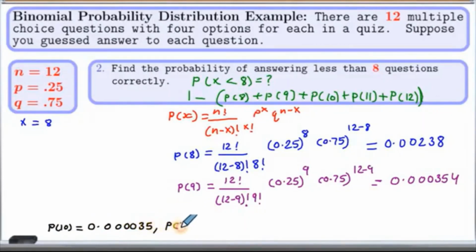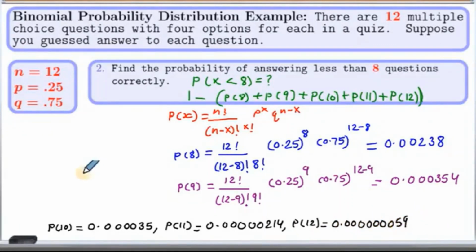Probability of 11 equals 0.00000214, and probability of 12 equals 0.000000059.